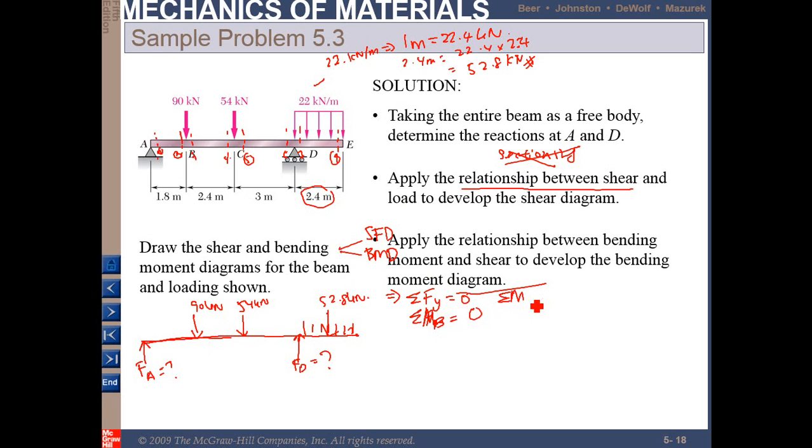You can start with the summation of all forces or the summation of all moments. So let's say you start with the summation of all moments, and take moments at point A to find the relationship with D. So the moment at point A is equal to, if you consider this direction as positive, minus 90 times 1.8, and then minus 54 times 4.2.